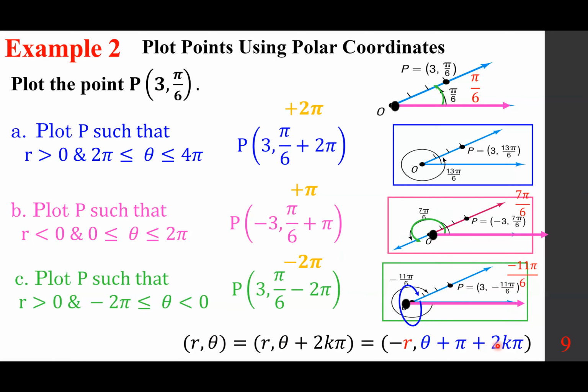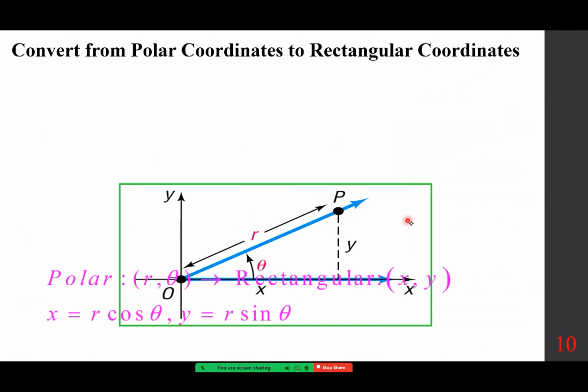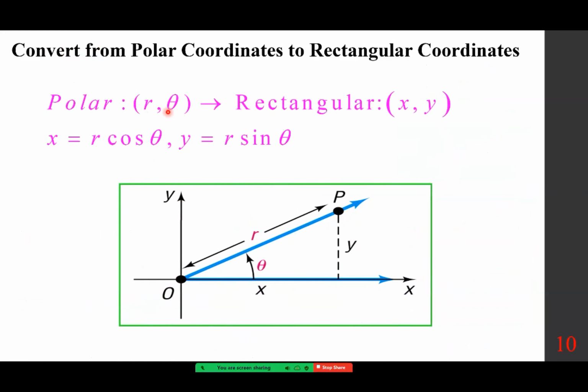All right, so we have this rectangular coordinate system such that this point has coordinates x comma y, and we have this polar axis such that this point has coordinates r comma theta. So how do we go from r comma theta to rectangular form x comma y? x is r cosine theta, y is r sine theta.